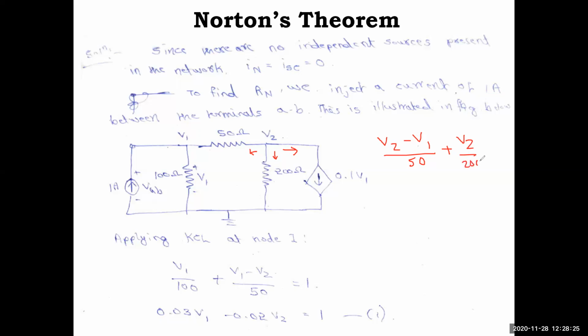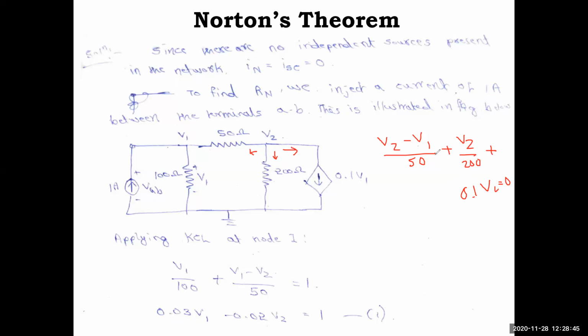Note down this equation. Plus, this current is leaving the node, which is in the direction of the convention, that's why it is plus 0.1 V1, equal to 0.